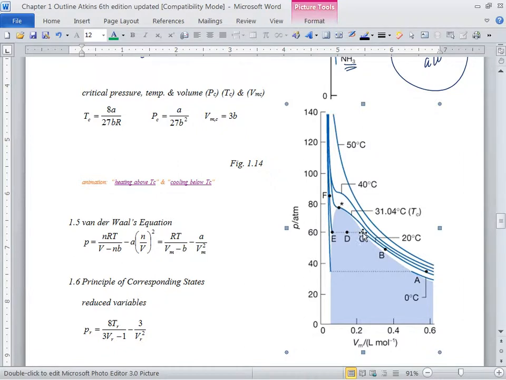Okay, and then you get to C, right? The volume is getting smaller, right? The pressure's still going up. But when you get to C at this 20 degrees, all of a sudden you compress, pressure stays the same. Is that even possible? How could you compress a gas and not have any resistance, right? You keep compressing. Pressure stays the same the whole time. What has to be happening?